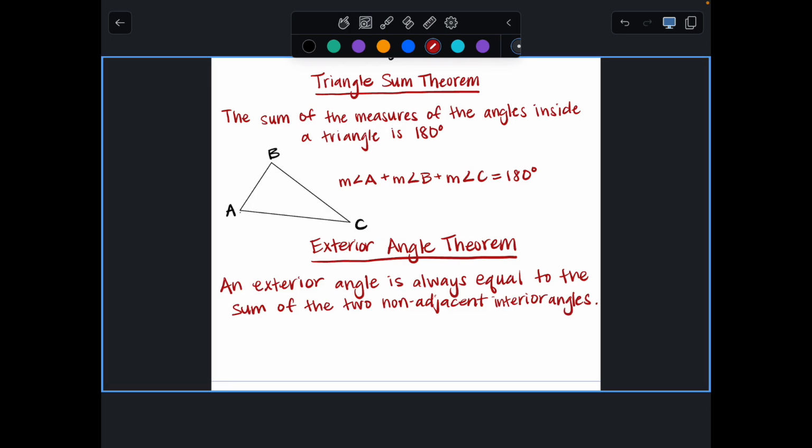An exterior angle is always equal to the sum of the two non-adjacent interior angles.